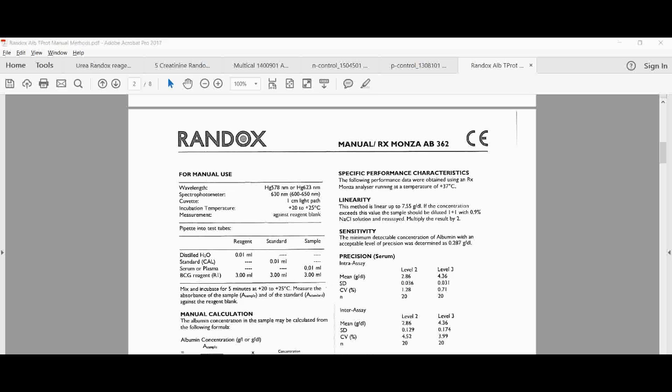So let me just draw something here. If you draw something like this, let's say this is absorbance, and this is albumin concentration.